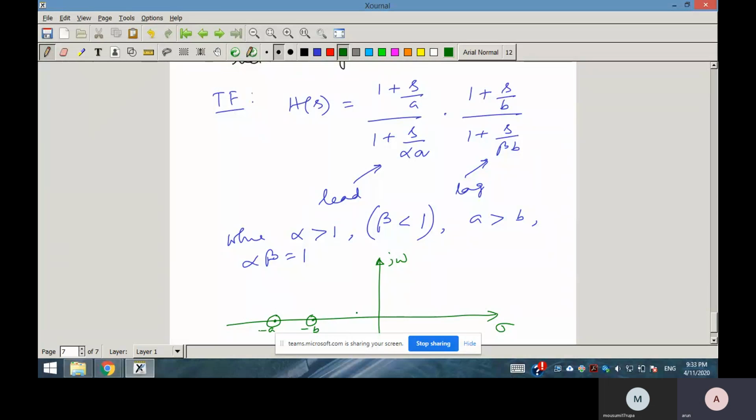Beta is less than 1, so beta B will be here. And minus alpha A? Alpha is greater than 1, so this will be minus alpha A. So this is your pole-zero map of H(s) of the lag-lead controller.